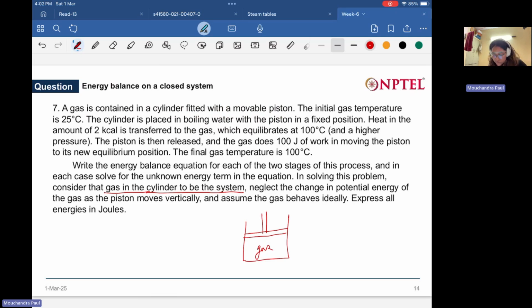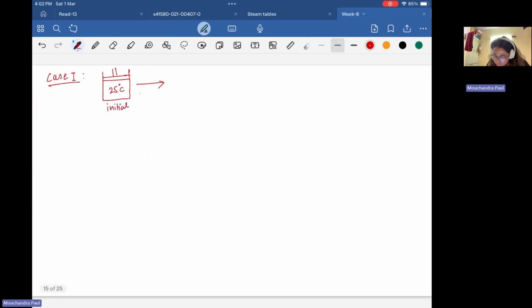Then the heat is transferred to the gas, which equilibrates at 100 degrees Celsius. So the final state is the cylinder remaining at its initial position, but the temperature of the gas increases. And in this particular state, heat Q equals to 2 kilocalories is transferred.